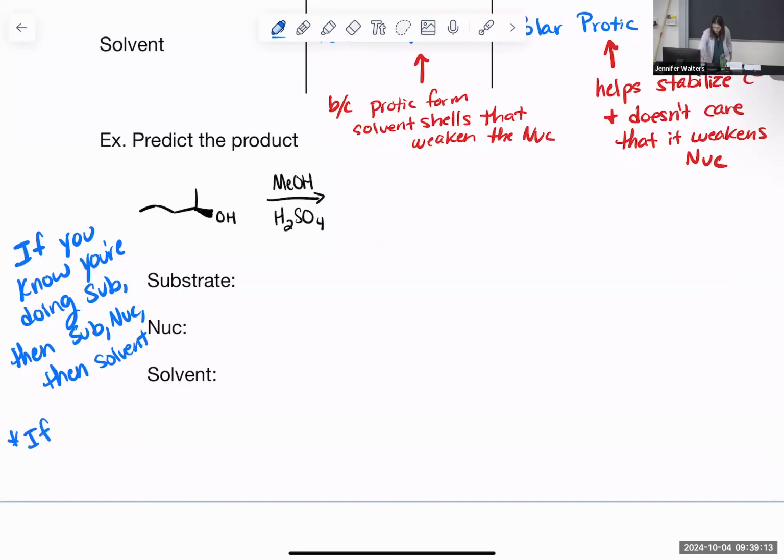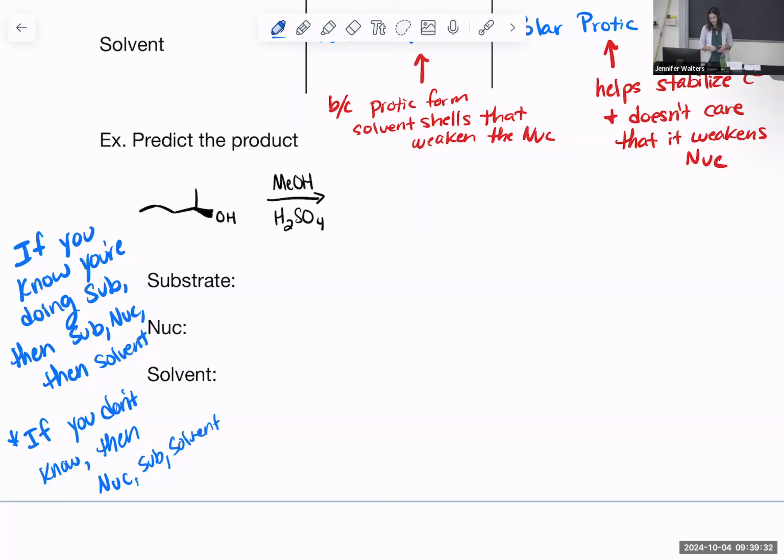If you don't know, meaning we're going to be looking at substitution versus elimination, then we're going to switch that and do nucleophile, then substrate, then solvent. It'll just make it easier.